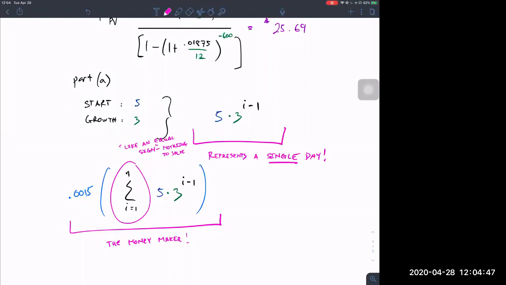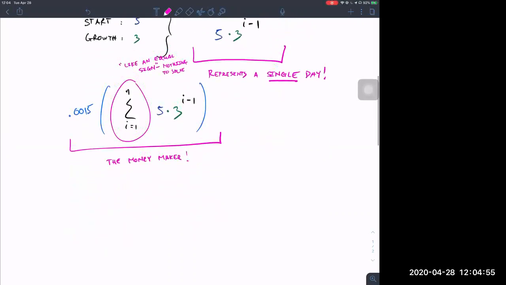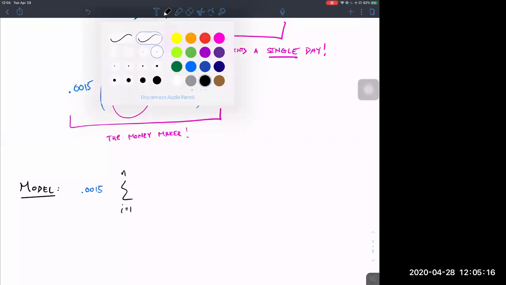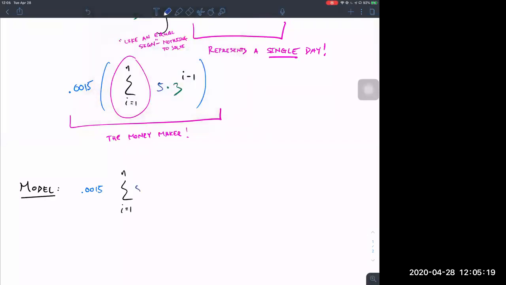All right. I'm not going to do letter C because that's compound continuously. So hopefully you know what to go on there unless someone stops me. So let me just write out really quick the model, at least for completion's sake. Right, your base model should be this: 0.0015 times the summation of i equals 1 to n. We started with 5 people, at least for the base model, grows by 3 every time.